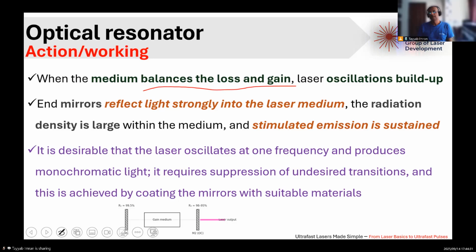These losses are because of the gain medium, because of the mirrors, and because of the surrounding areas or the container, whether it's a tube or a kind of cylinder. So we have to overcome these losses so that we can have efficient laser action.